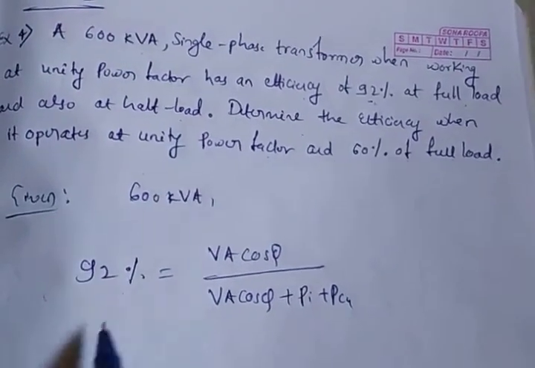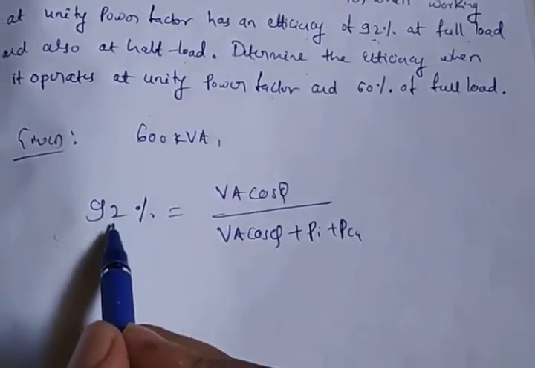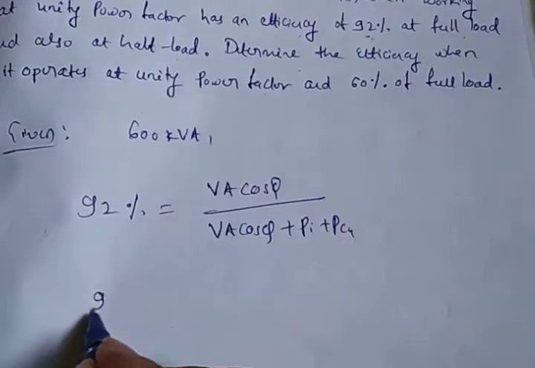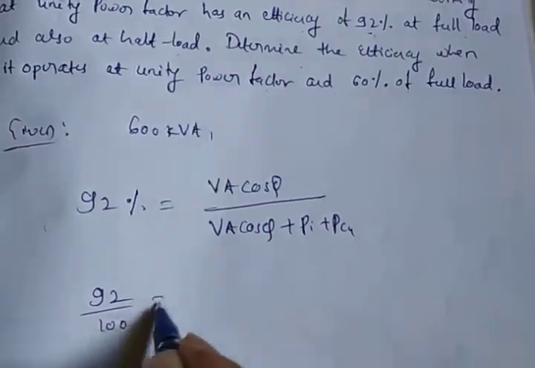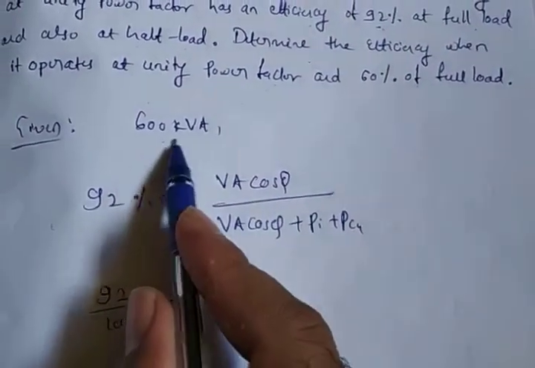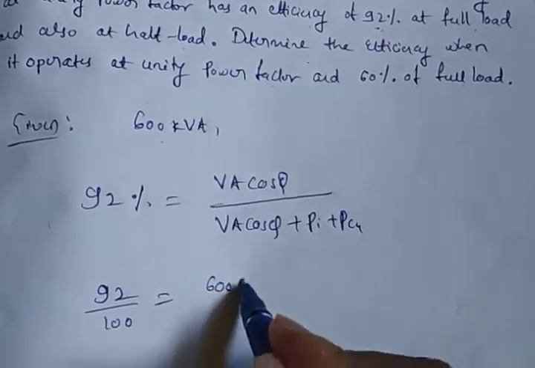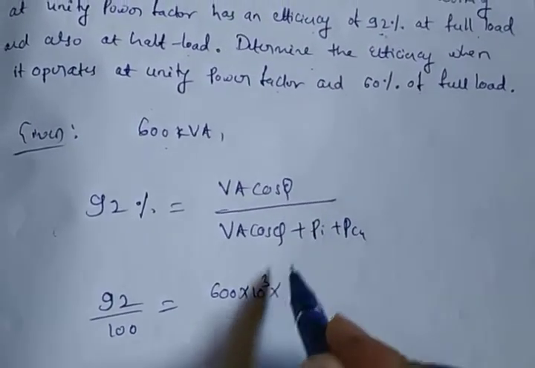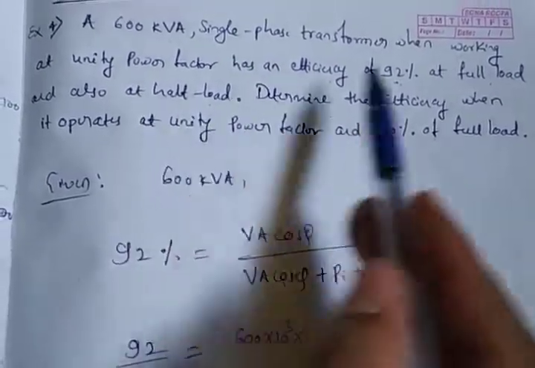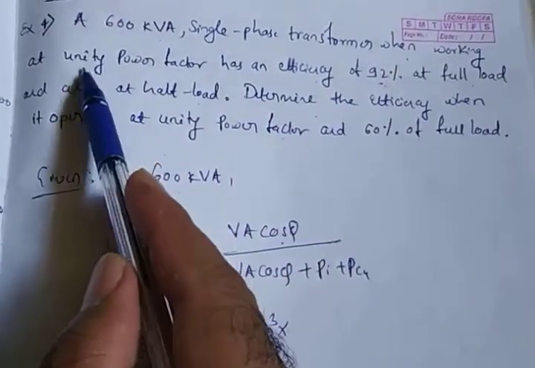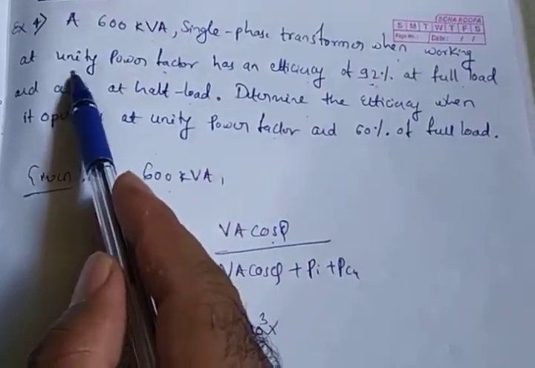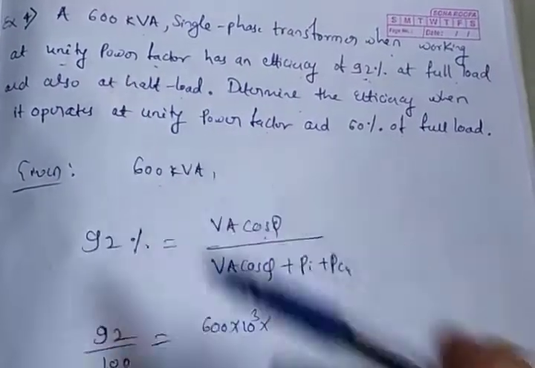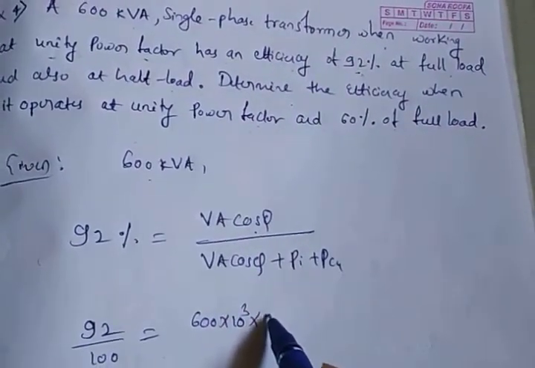So 92% can be written as 92 by 100, correct? So 92 by 100 is equal to, VA means 600 kVA, 600 into 10 to the power 3 into cos phi. The power factor is given as unity, so cos phi is equal to 1.